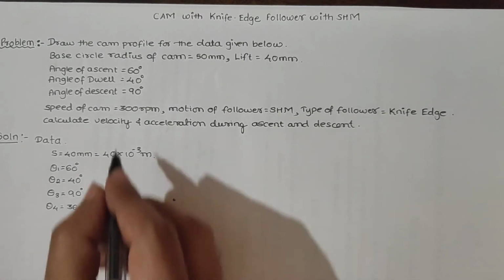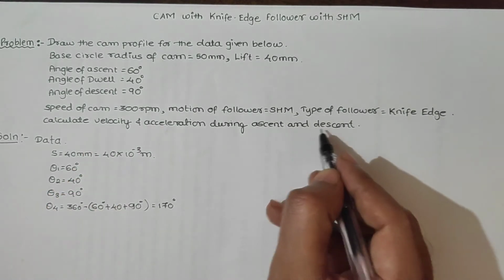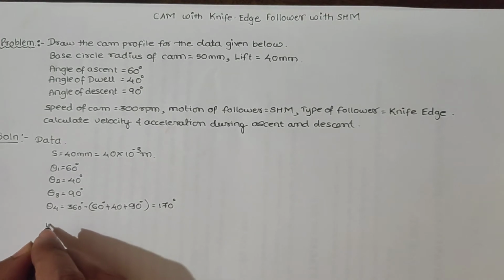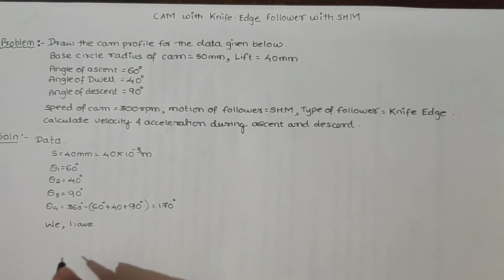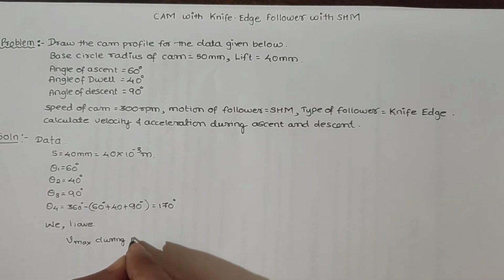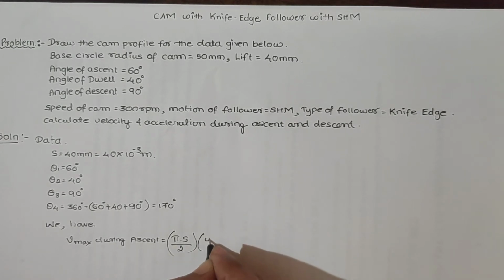Okay, now he has told you to find out the velocity and acceleration during ascent and during descent. We have maximum velocity during ascent equal to pi S divided by 2 into omega divided by theta 1.